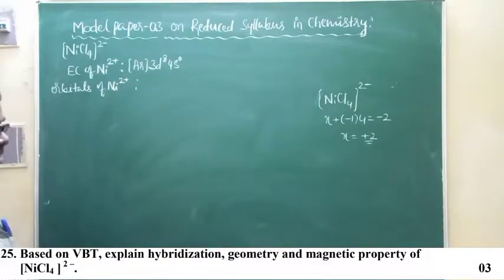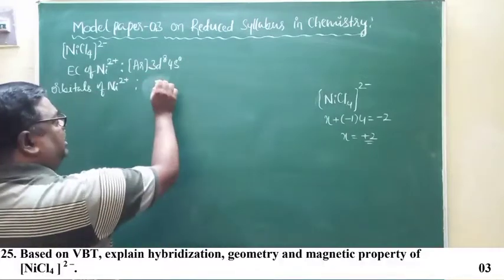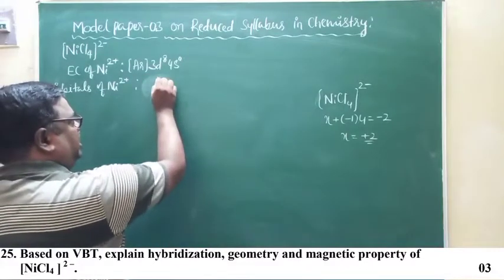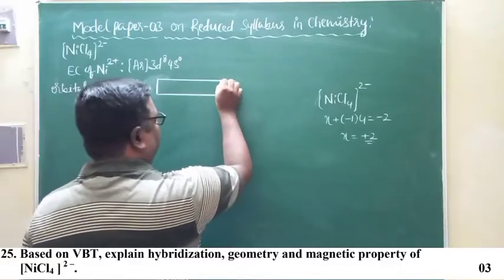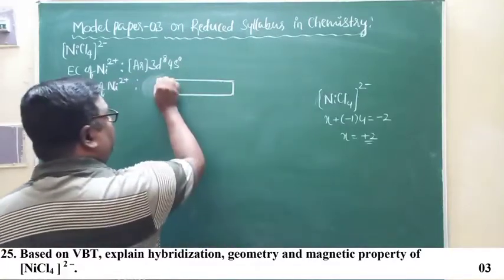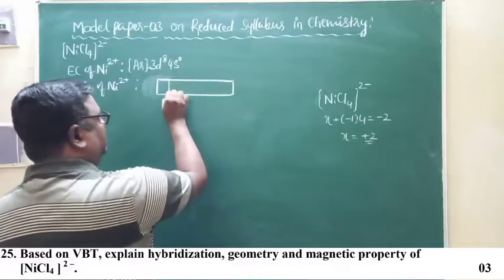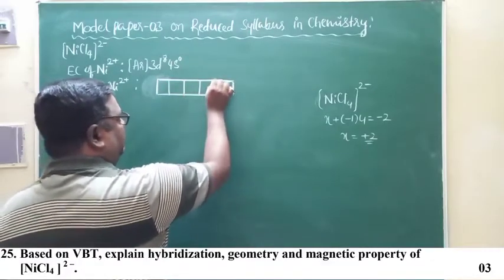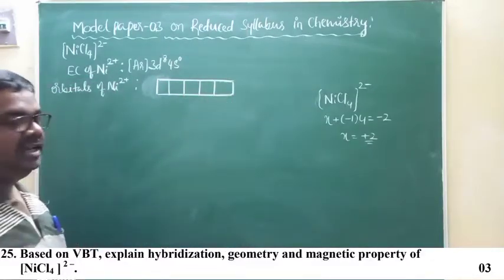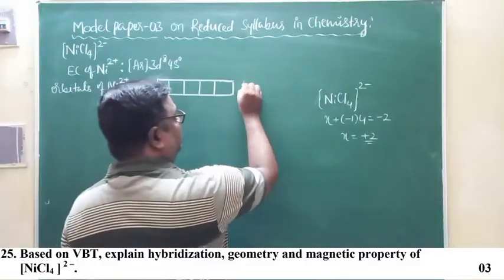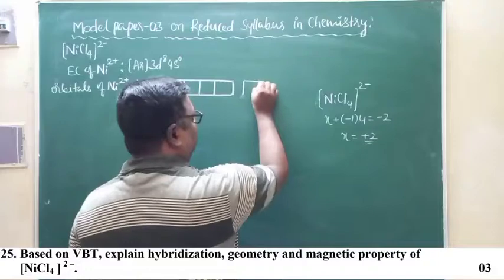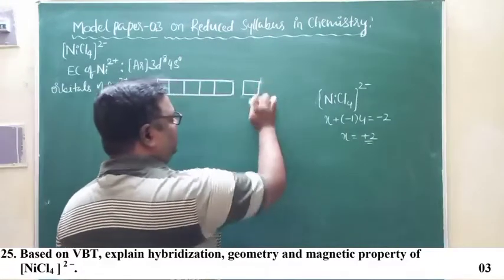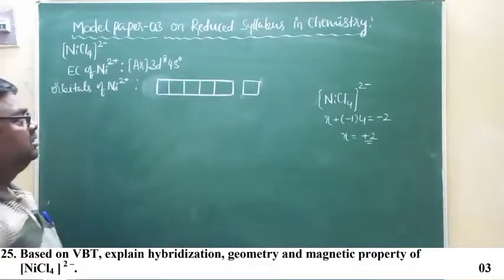We have 3d orbitals; the 3d subshell contains 5 orbitals. The 4s subshell contains 1 orbital.